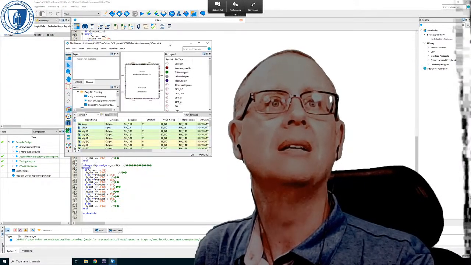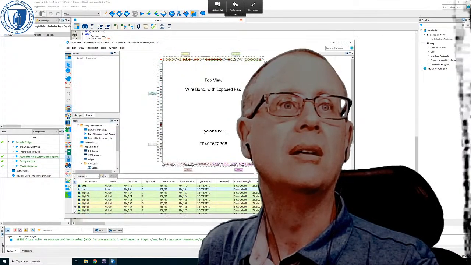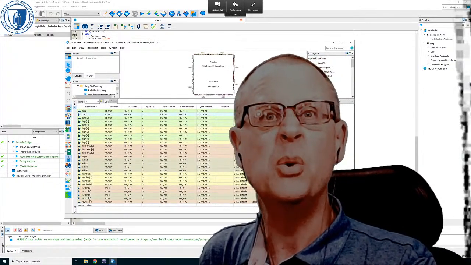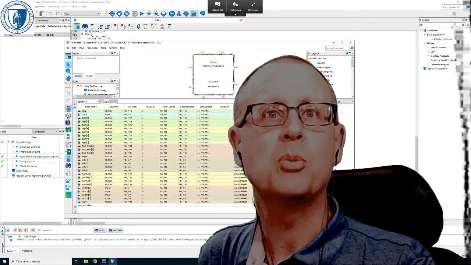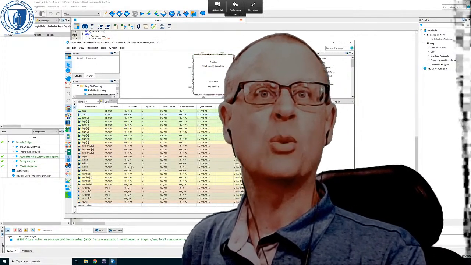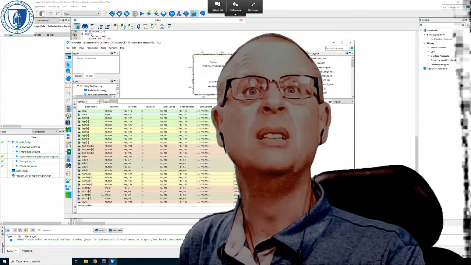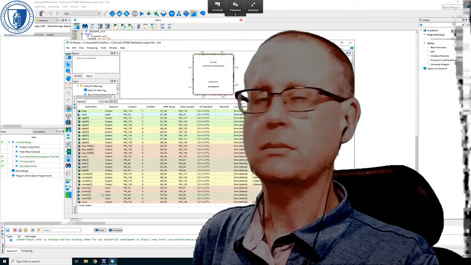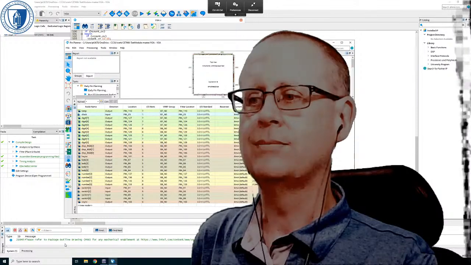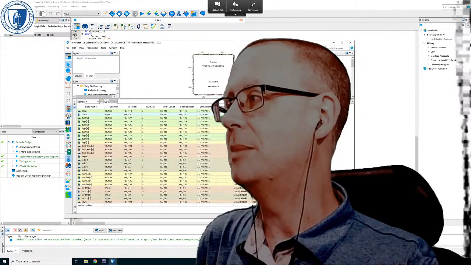The pin planner lets us connect the variables that I named in my code to specific pins on the device, so that I can connect the LEDs to where the LEDs go, the switches to where the inputs are coming from, etc. Okay, does that make sense? Yes. Yeah, and we'll be going into more detail with that shortly.